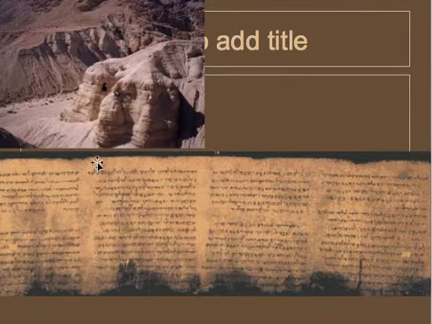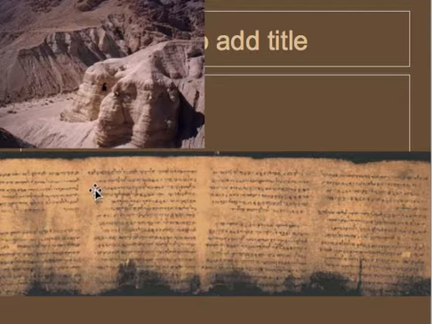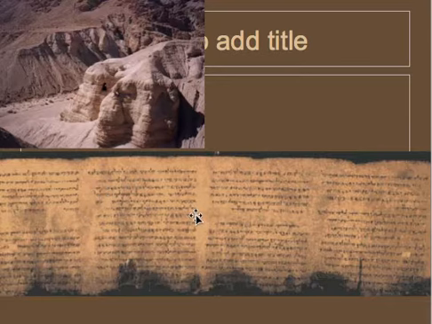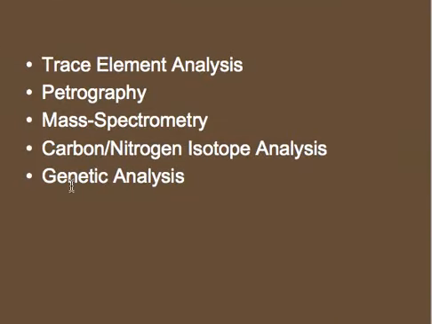If they're from all over Judah, then you would find that they were different genetically. And they tested it, and what they found is that they were all similar. So all the scrolls are probably from one group that lived in that area and that put the scrolls in the cave. Right? Okay, so let's just review quickly. So trace element analysis, you're looking at elements.